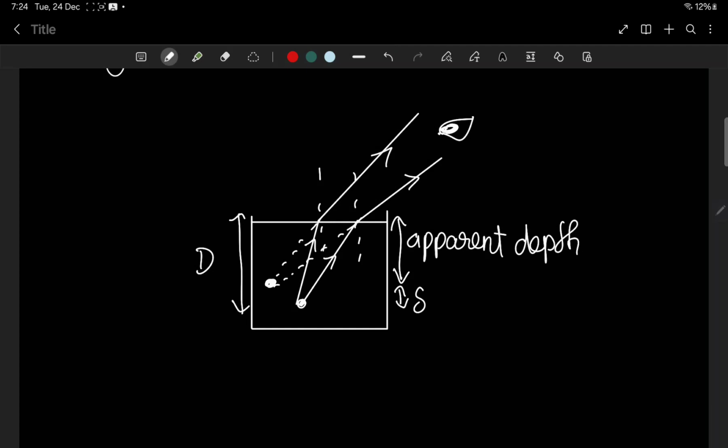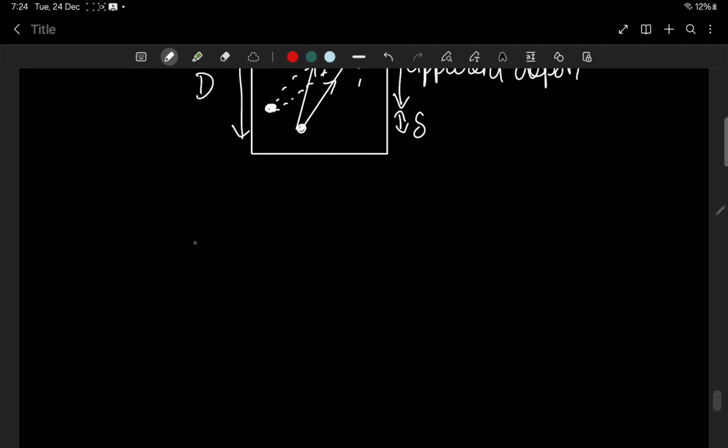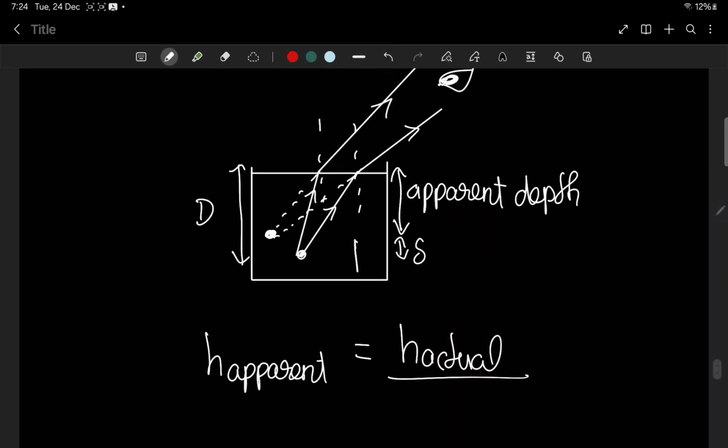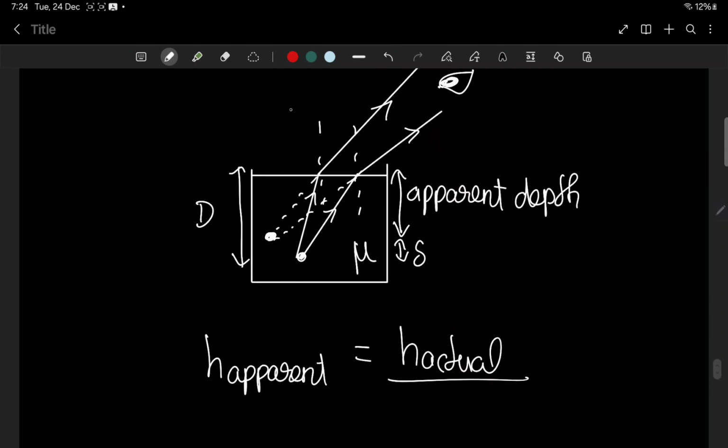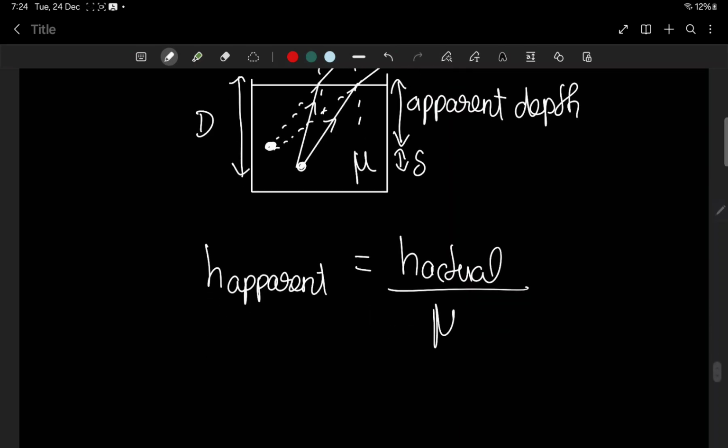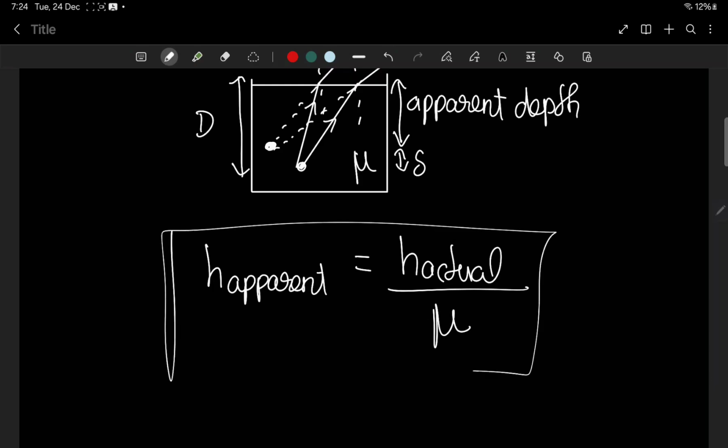So there's an apparent depth. The formula for this apparent depth is h apparent equal to h actual by refractive index of this medium, because outside it is air, inside it is mu, right? So refractive index mu. Very important.